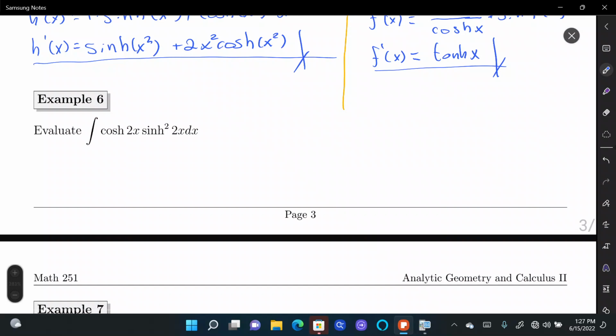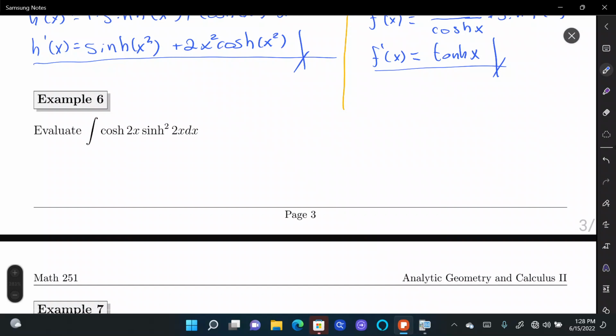Typically we take u as the most complicated part of the integrand. By most complicated part, we mean, number one, a quantity or an expression inside parentheses, inside of a radical, being the argument of a logarithmic function, or being the angle of a trigonometric function, or the exponent of an exponential function, regardless of the base.